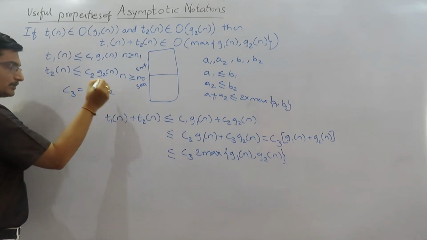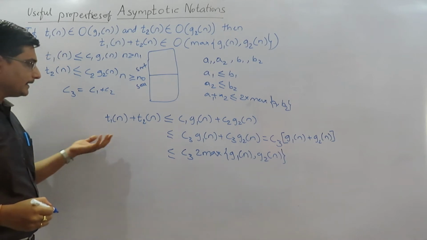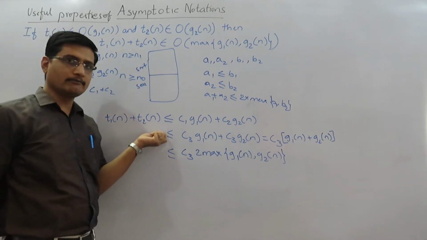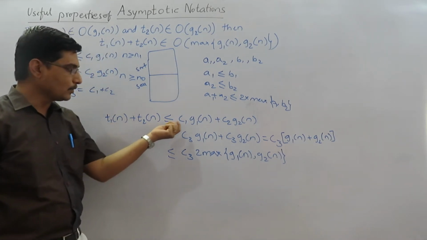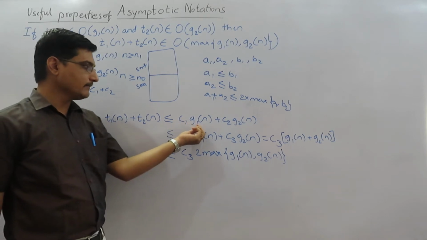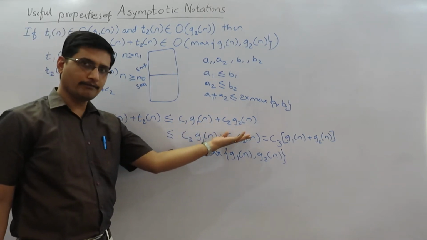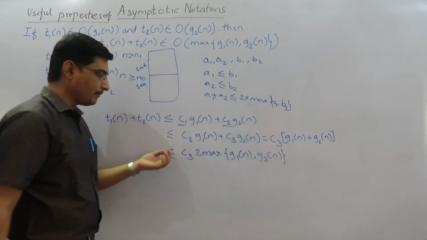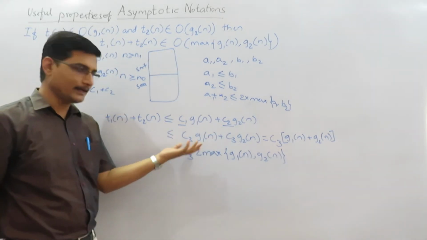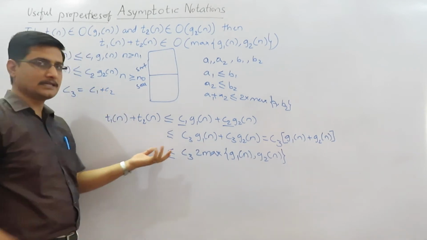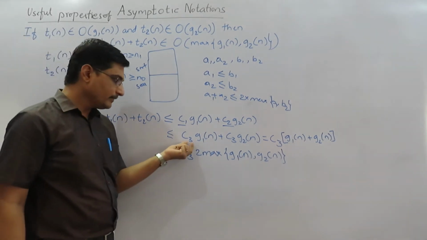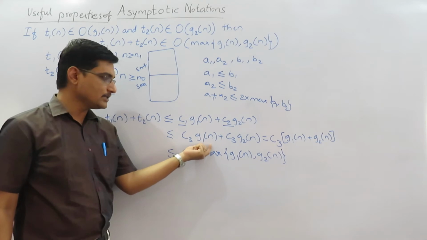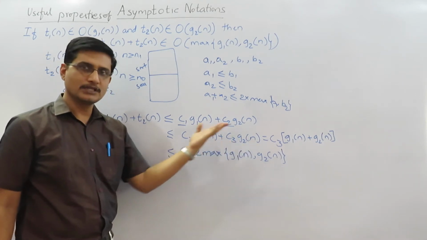Say we consider some constant C3, which is C1 plus C2, something like that. Then definitely T1 of n plus T2 of n will be less than or equal to C1 into G1 of n plus C2 into G2 of n. If we take this as a common constant C3, the maximum of C1 and C2, then C3 into G1 of n plus C3 into G2 of n.